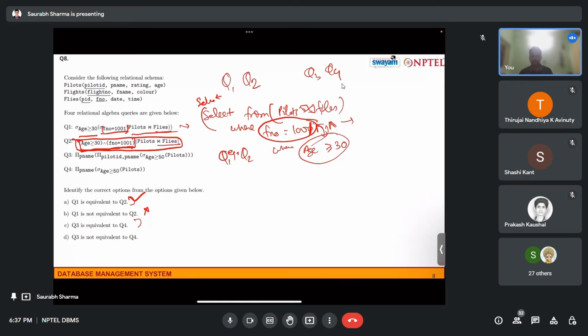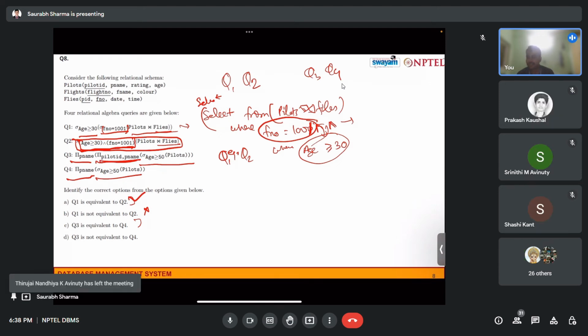Now coming to the next one, what it is telling is we have to select p name. In both there is some selection operation; in between we have to just consider this one. We will select pilot id and p name from here, and then again filter it to the p name. Ultimately, if there is a projection outside a projection, we consider the last one only, and that will result in the same answer.